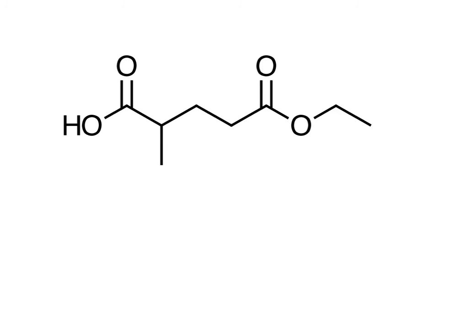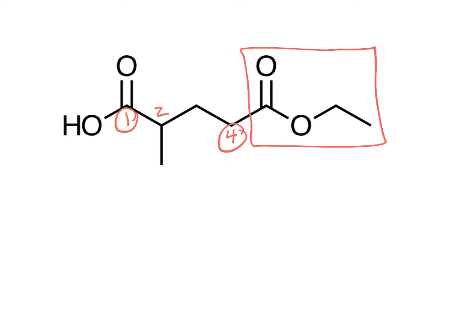I've got 1, 2, 3, 4. So we begin the numbering here, the C double bond O of the carboxylic acid. On carbon 2, I have a methyl branch. Then I have 3, 4, and that's going to be the end of my parent chain right there. This whole portion here is going to be treated as one unit when I identify the ester functional group there.